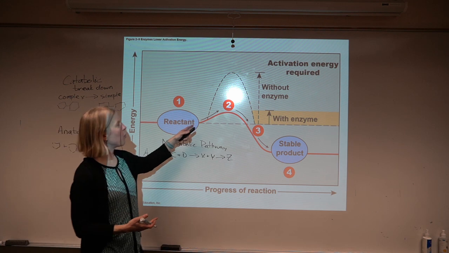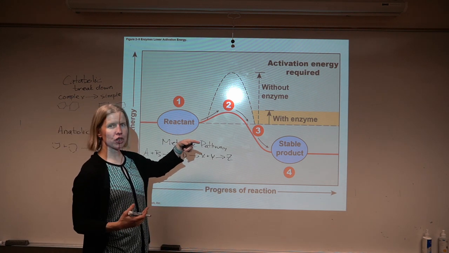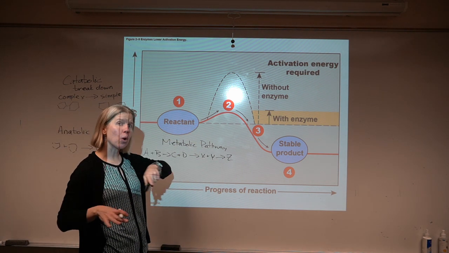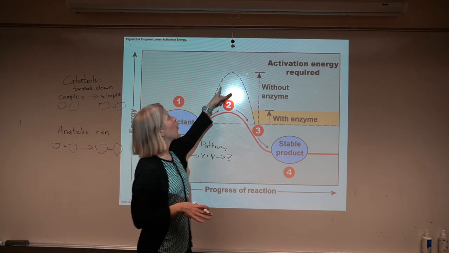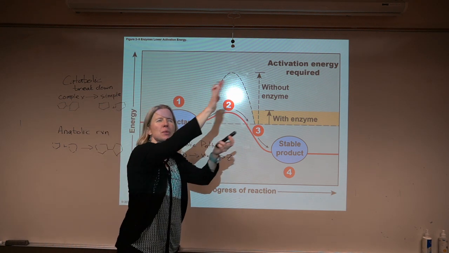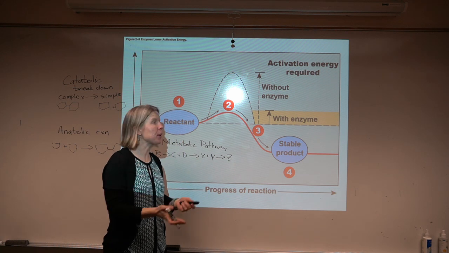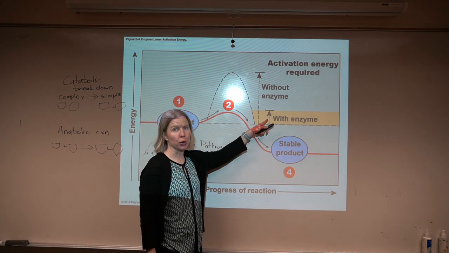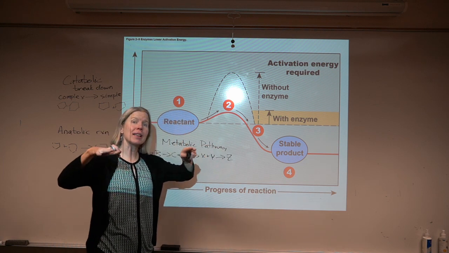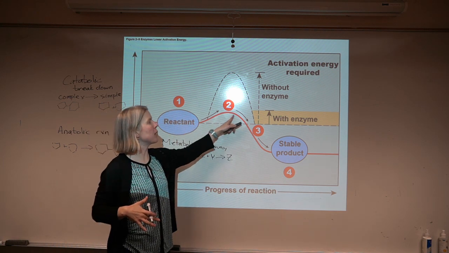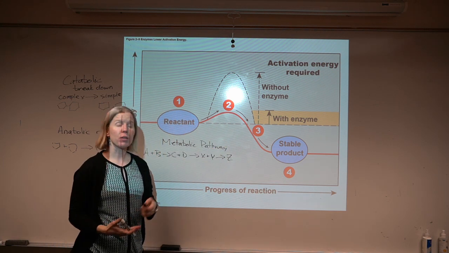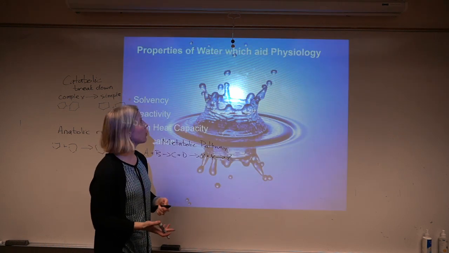For this reaction to take place on its own without any help, it would need a big input of energy to kick it off, get it started. And what enzymes do is they do what we call lowering the activation energy. They basically make it much easier for this reaction to proceed.